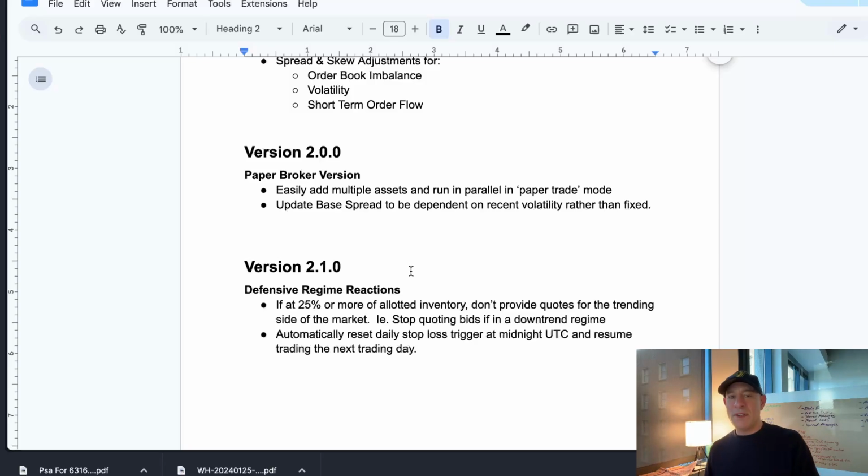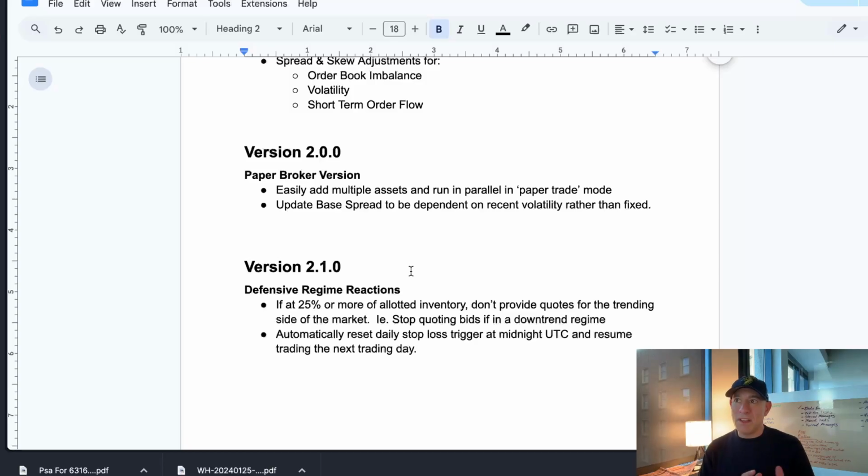So if we detect we're going into a downtrend mode and we're already 25% long, let's say we're able to carry 10 units and we're already at 3 units of that, we're just going to stop putting bids out there until we determine the trend has kind of reverted back. So just really trying to get cautious now in these trending regimes.